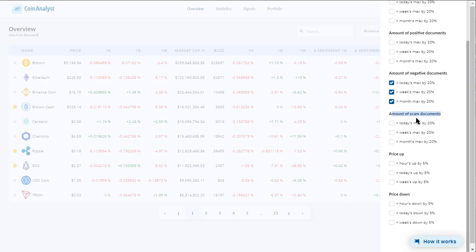Also, how much people are talking about scam for that coin. It's really interesting for the smaller coins. You can check that. And if the price goes down, you can also get an alert, and with that you can check afterwards, will the price go up again, or is it more the case that it goes down further.